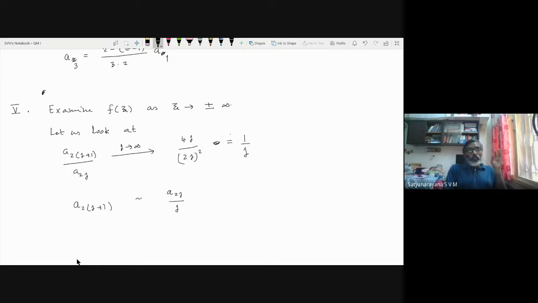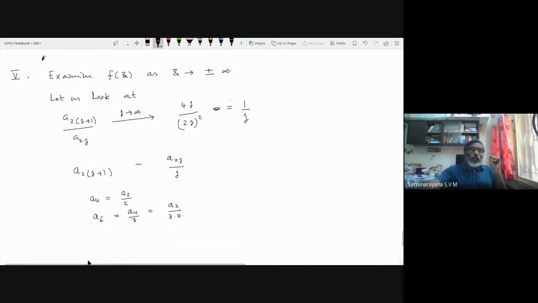Okay, a0 is anyway constant, so let us look at j is equal to 1. This means this is 2, a2, then this becomes a4, right? So a4 is equal to a2 divided by 2. Similarly, a6 is equal to a4 divided by 3, which is equal to a2 divided by 3 into 2.